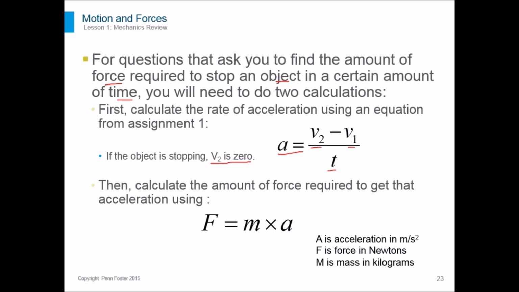Okay, or if it's starting from rest, or if it's starting because someone dropped it, or it got pushed off a shelf, something like that, then its starting velocity might be 0. So keep an eye out for that. If it only gives you one velocity, the other one might be a 0. So once we solve for acceleration, now we can put that value into this formula and solve for force. Force is mass times acceleration.